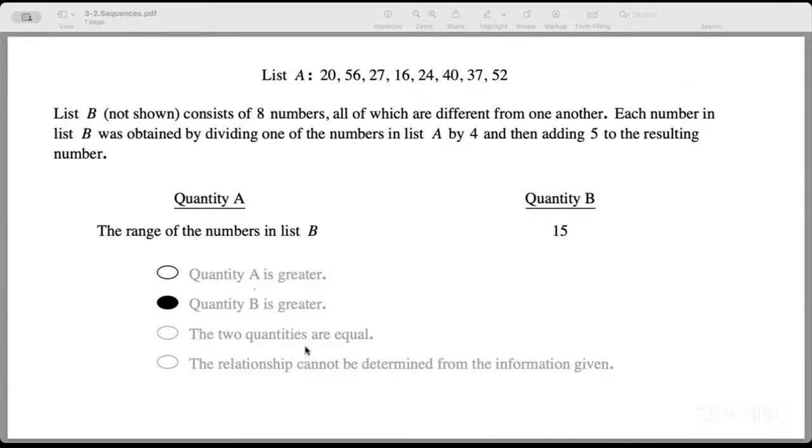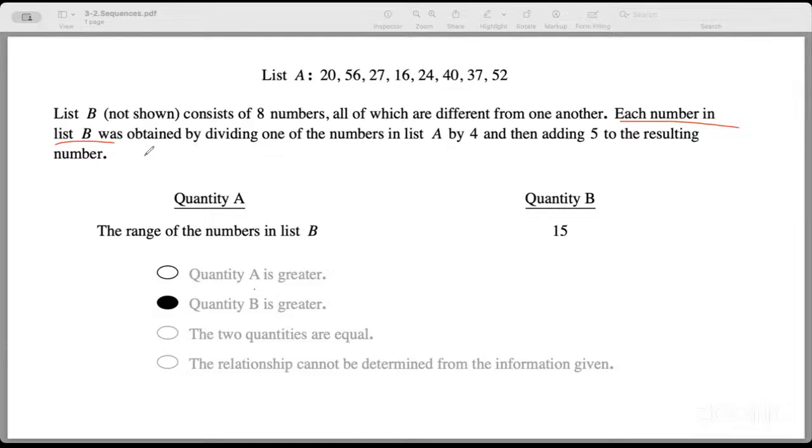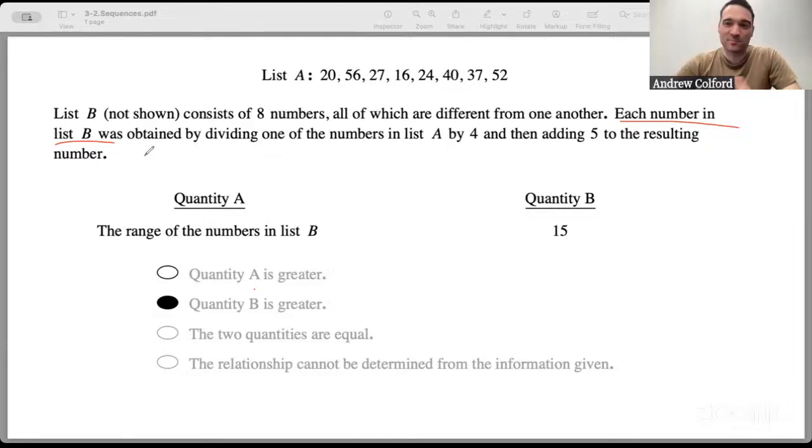I'll expound a little on what I mean. The instructions say take a number from list A, divide it by 4, and then add 5. But it doesn't say that it has to be a different number each time. No, the right answer is B. Okay, so I have a problem with this question then.